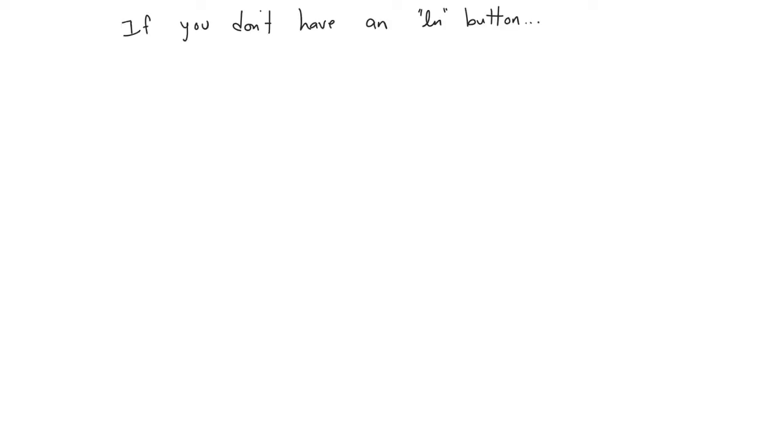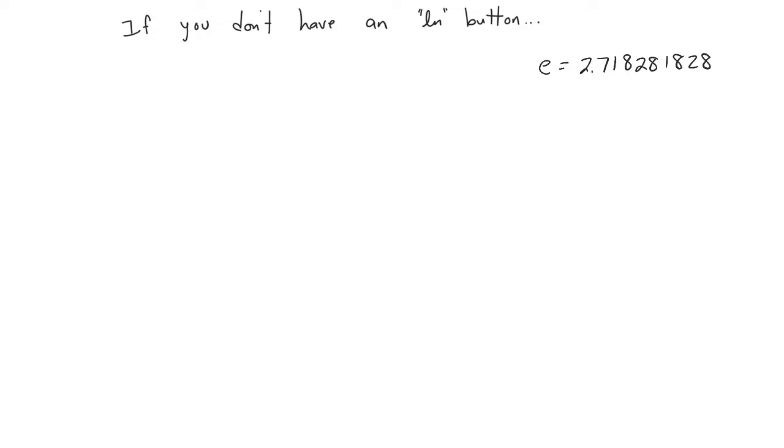So the way that we do that is to take the logarithm base 10 of x divided by the logarithm base 10 of e, and remember that e is equal to 2.718281828 and so on.